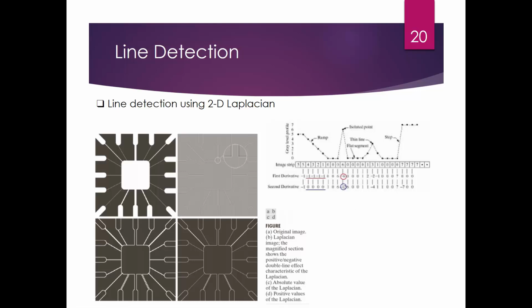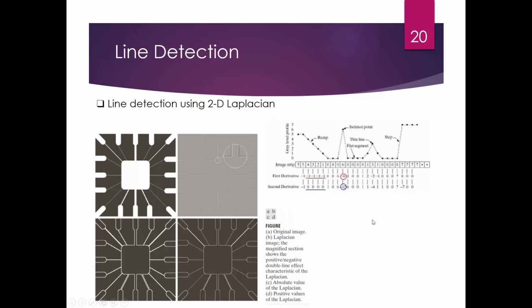Figure C corresponds to the absolute value of the Laplacian. So you might think that the negative values can be easily handled by taking the absolute value. However, figure C shows that this approach doubles the line thickness. So a more suitable approach is to take only the positive values of the Laplacian.